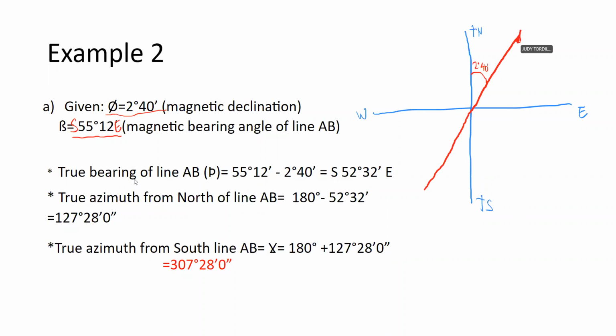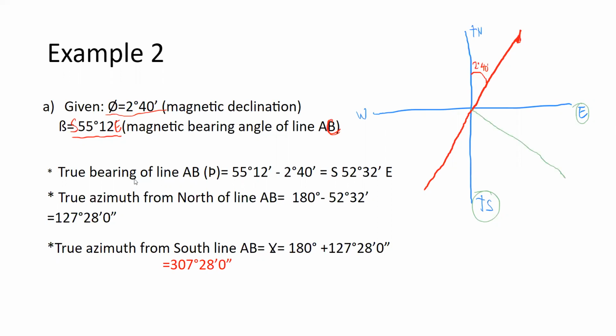And then, meron ka daw line AC. This would be line AC. So, yung line AC mo is 55 degrees southeast. So, this is your south. This is your east. So, nandito yan, 55 degree.